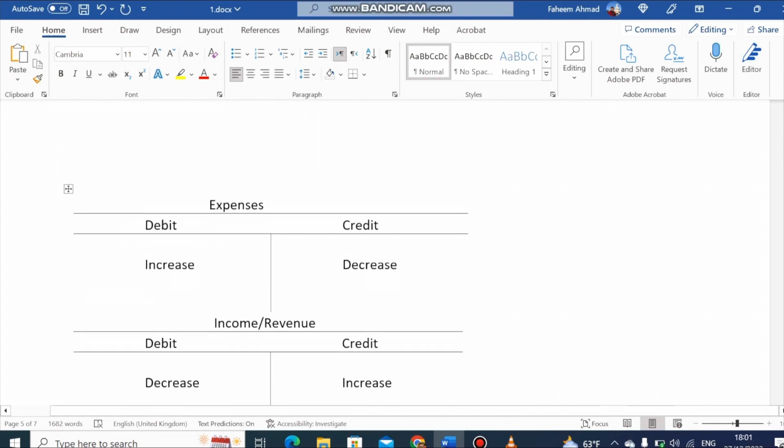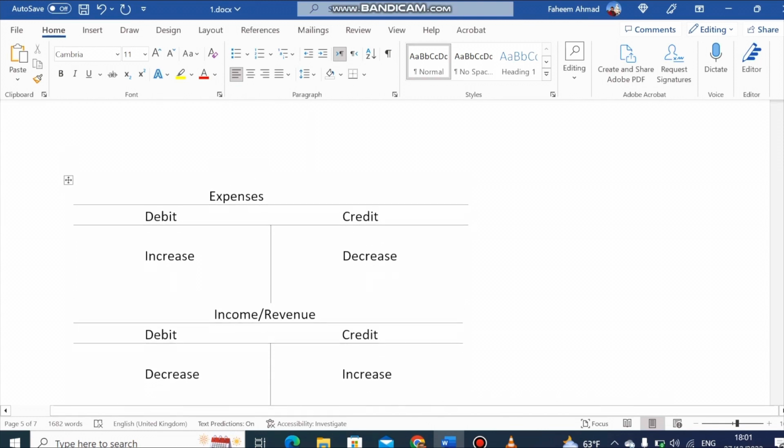And next, we have rules of debits and credits for income or revenue. Income or revenue, whenever it decreases, debit, whenever it increases, credit. I would suggest you draw these T account formats on paper.